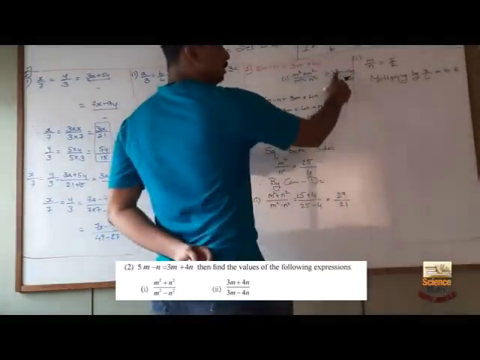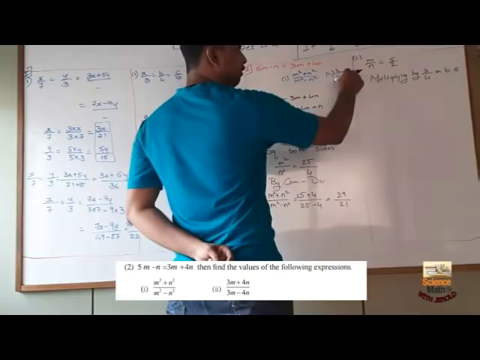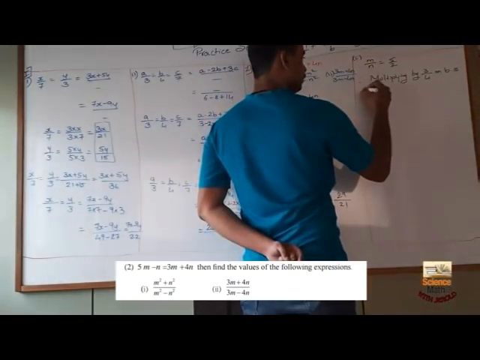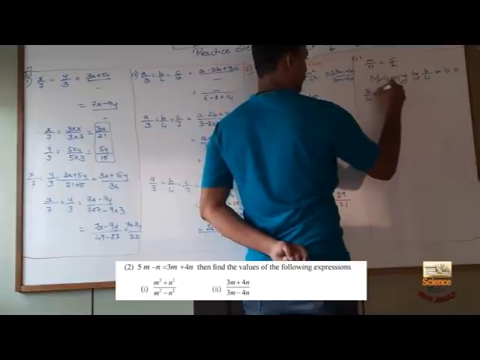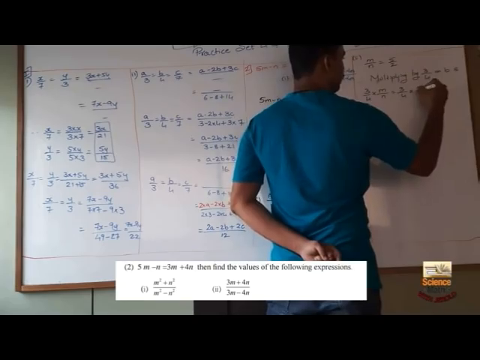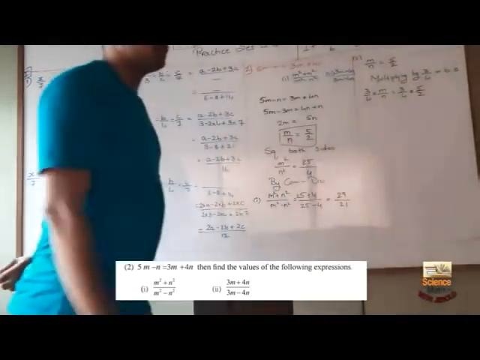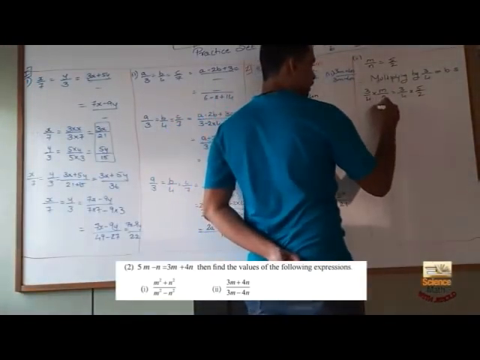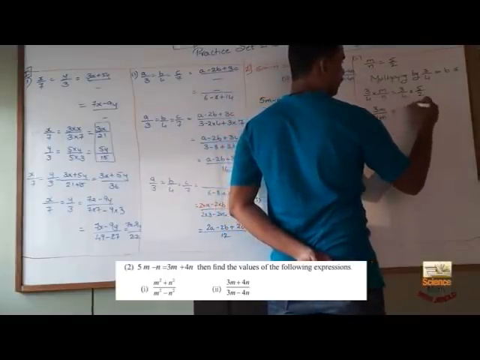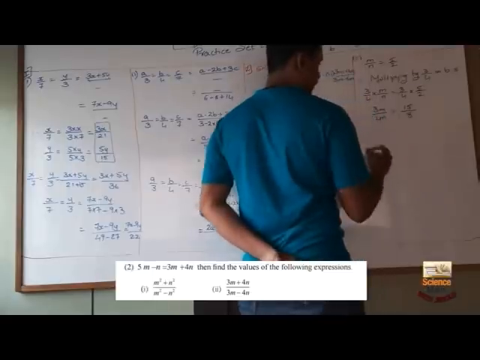Why 3/4? 3m in the numerator, 4n in the denominator. So 3/4 multiplied by m/n is equal to 3/4 multiplied by 5/2. This is what I have. Again, 3m/4n is equal to 15/8.